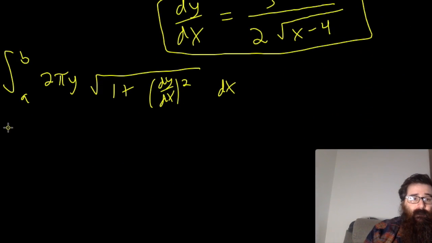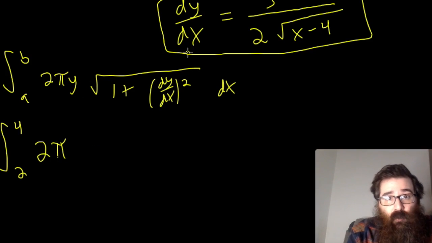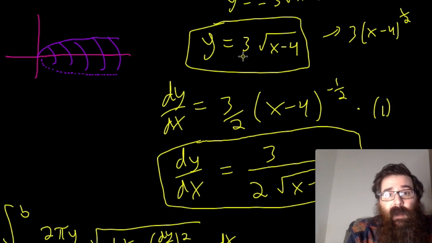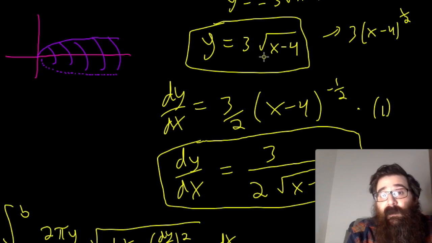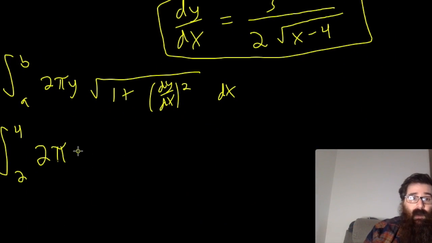So the integral from 2 to 4 of 2 times pi times y, but this is a problem, right? I'm integrating with respect to x, so I don't really want y, or to leave it as y. Instead, I want to replace it with the function of x that it is. So what is y? Well, y is 3 radical x minus 4. So instead of y, I use 3 radical x minus 4.